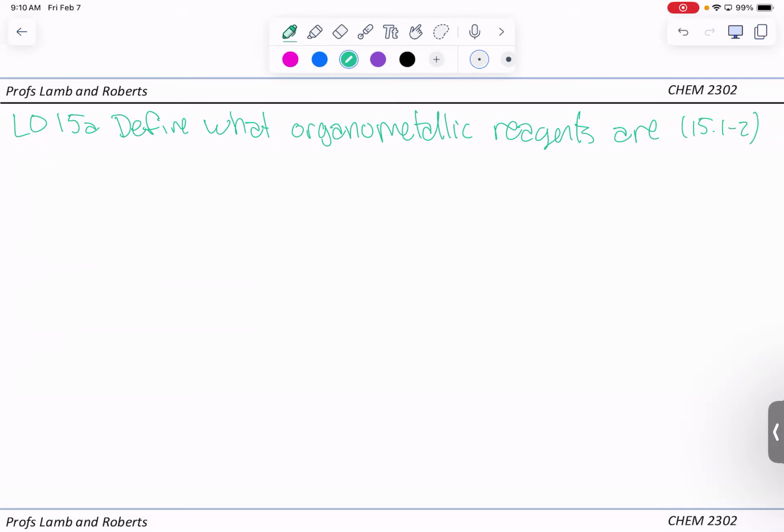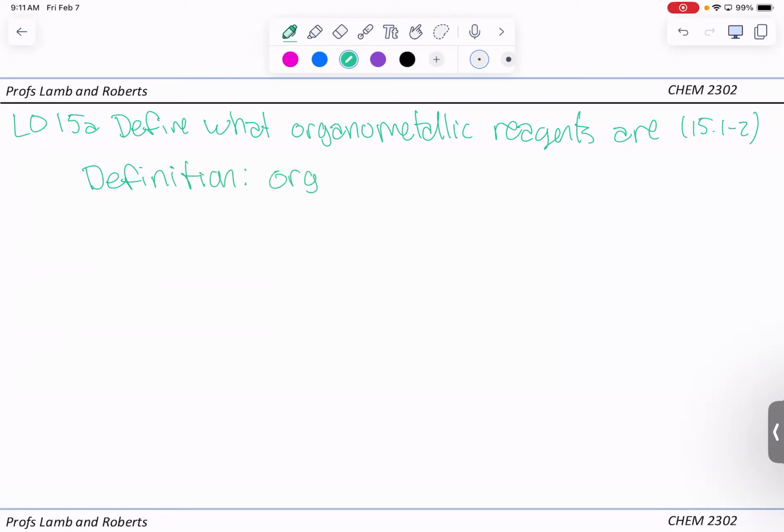All right, so let's take a look at that word. Just like a lot of our descriptive words that we had previously in the last chapter, for example, nucleophilic aromatic substitution, meaning we have a nucleophile coming in and substituting an aromatic ring. This also has the definition sort of in the word there. So the definition of organometallic is a metal-carbon bond.